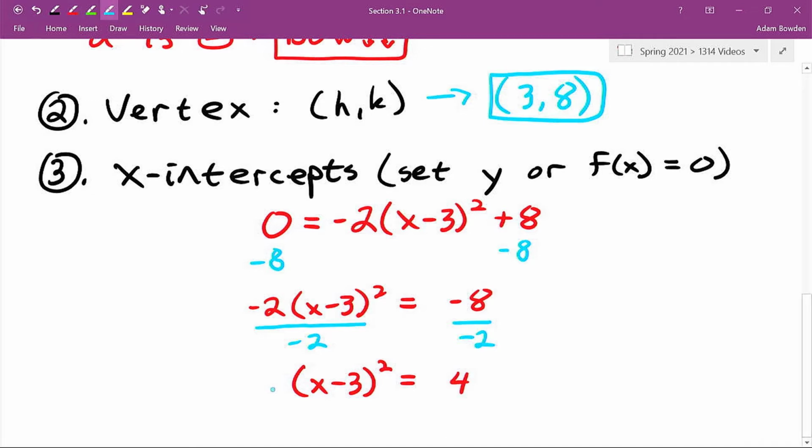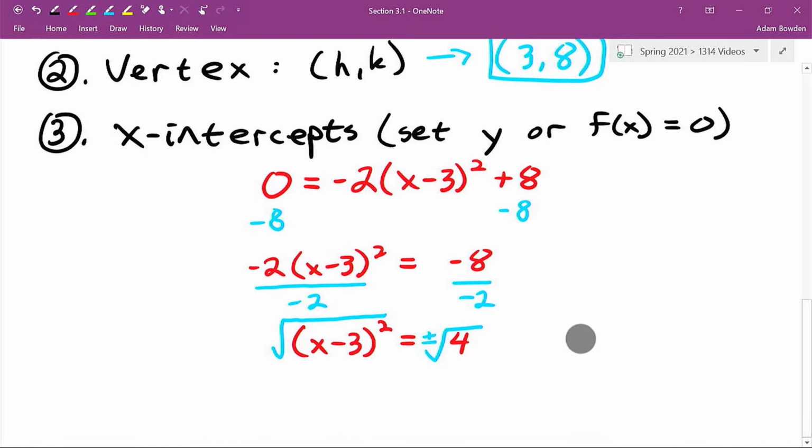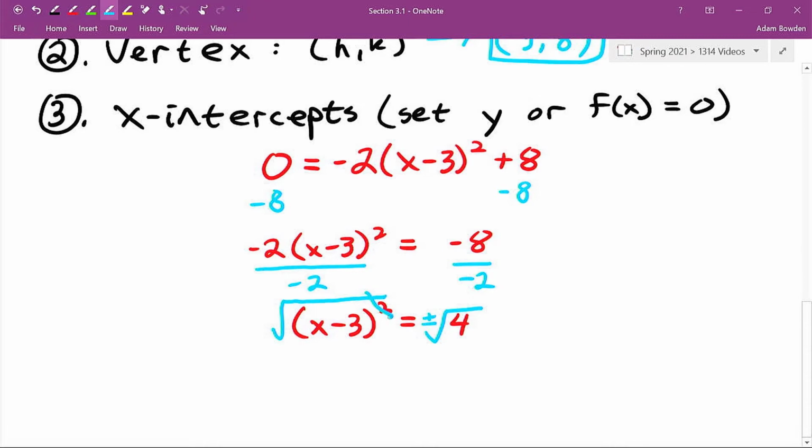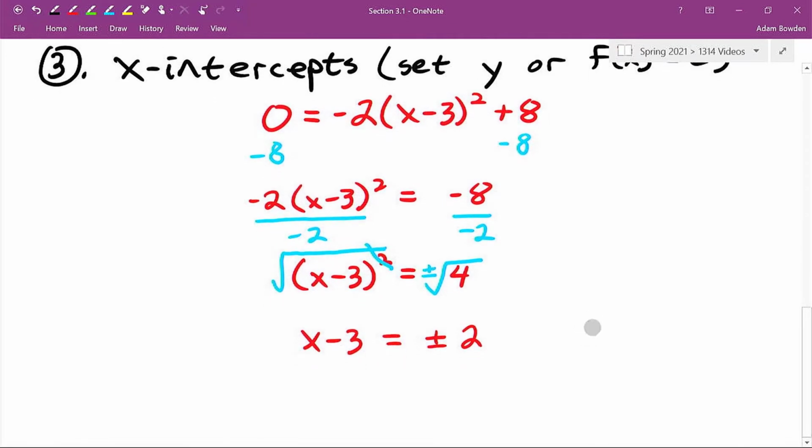Since it's raised to the second power, I need to take the square root of both sides, keeping in mind it needs to be plus or minus the square root of 4. That brings the second power down to just x minus 3, and the square root of 4 is 2, so that equals plus or minus 2. We now add 3 to both sides, and that tells me x equals 3 plus or minus 2.